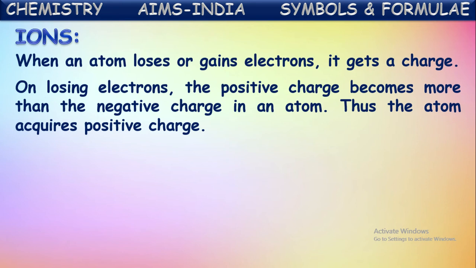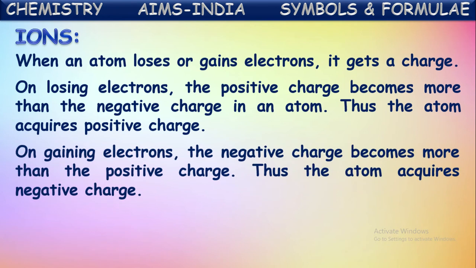The number of electrons becomes less than the number of protons, meaning positive charges are more than negative charges. That's why those atoms acquire positive charge. Simply put, atoms by losing electrons acquire positive charge. However many electrons are lost by the atom, that many units of positive charge are acquired.